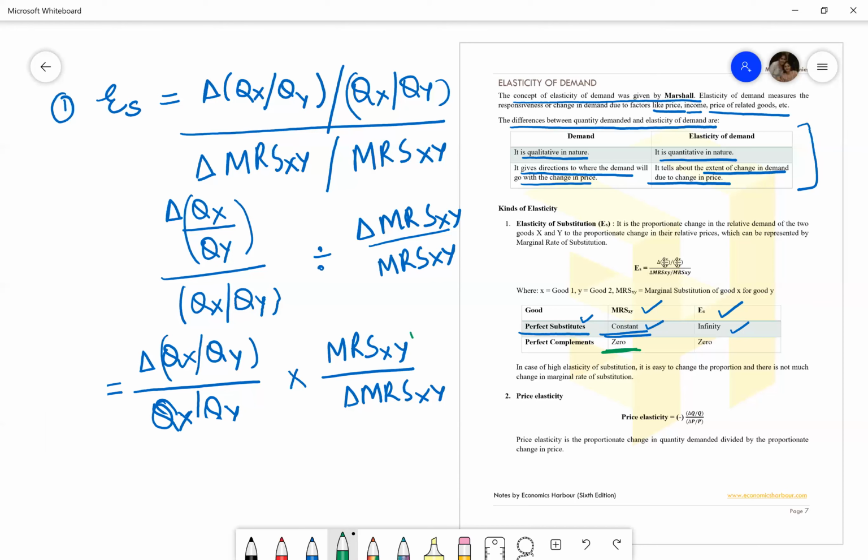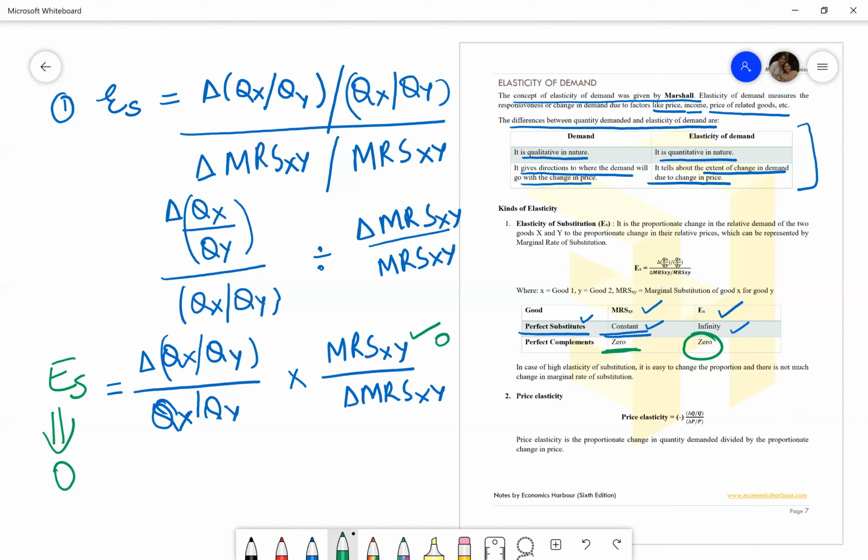When this figure is 0, the entire figure of elasticity of substitution becomes 0. When there is no possibility of substitution, when the two goods are perfect complements, the marginal rate of substitution will also be equal to 0. As a result, the entire figure becomes 0.